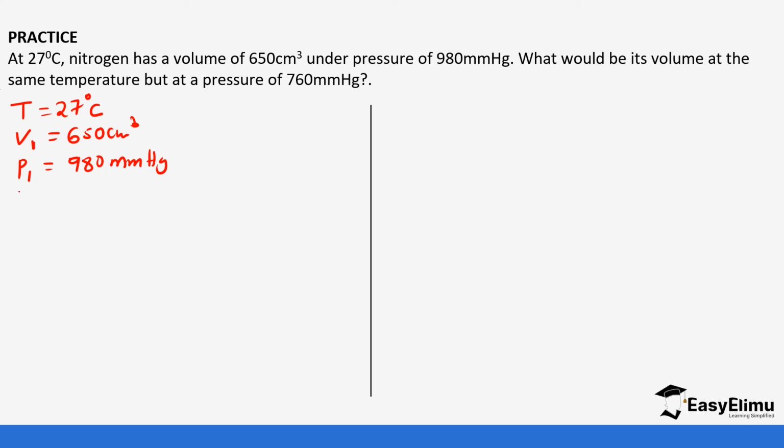And then, what would be the volume? So our volume 2 is the question, at the same temperature. So the temperature 2 is going to be the same, and the pressure 2 is going to be 760.